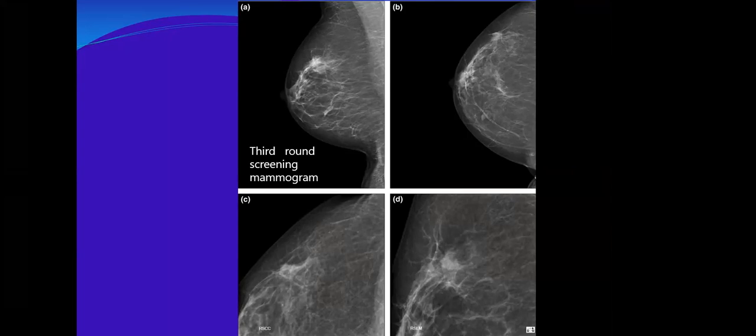On the third mammogram, the previously seen focal asymmetry is now increased in size and more spiculated, with more ductal extension to the nipple. So it increased in size. You cannot say it is a mass. It is a focal asymmetry, but it is associated with some distortion.